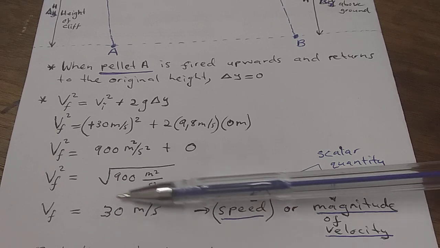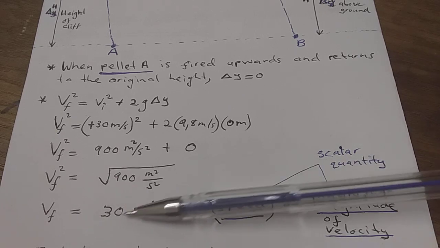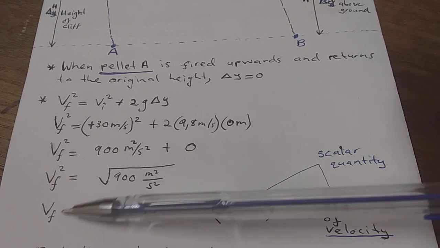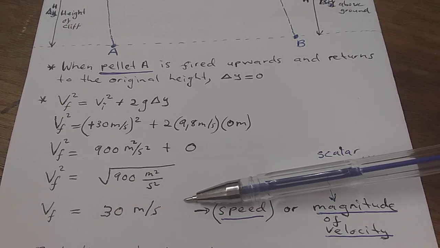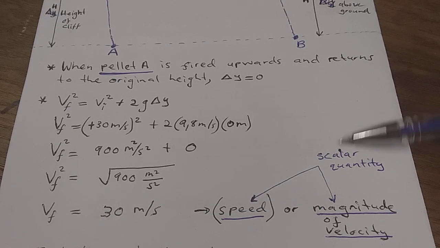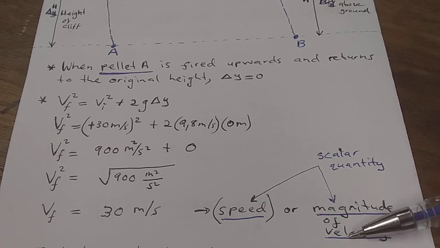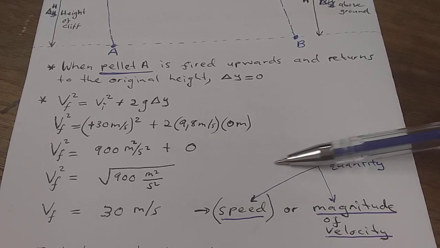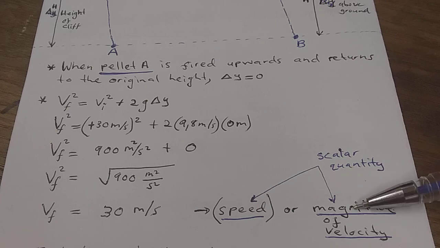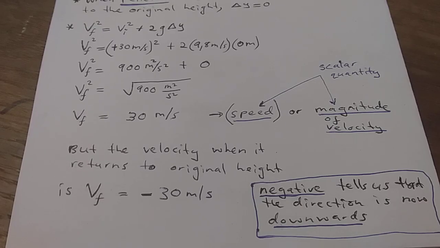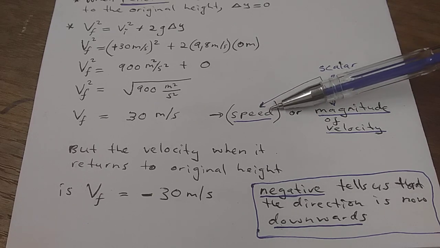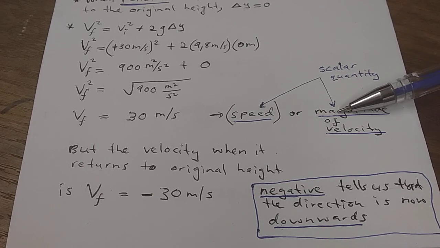Okay, but this is the magnitude of the velocity. What is the velocity, the final velocity? Remember, these two quantities, magnitude of velocity and speed, are scalar quantities. Magnitude means size, and speed is also a scalar.